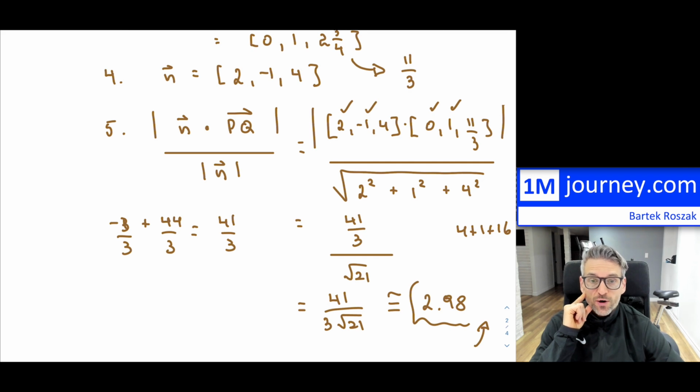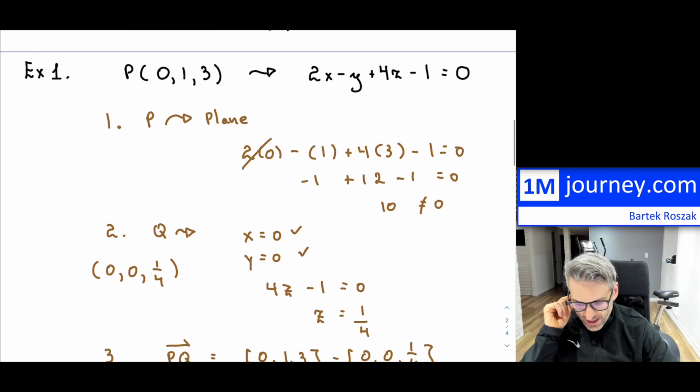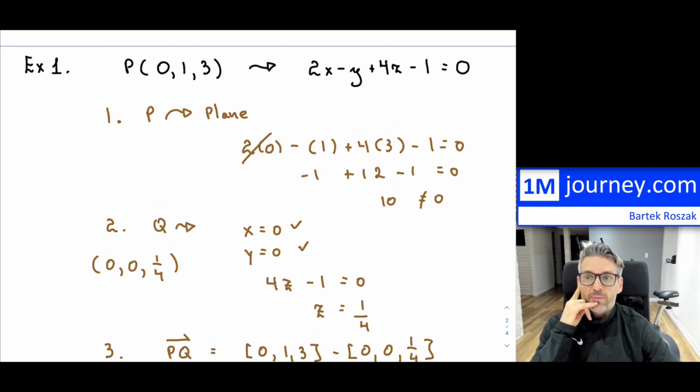It's a little bit of work, but it's very basic work because it's dot products and then finding the magnitude of a vector. And you have your result. So those are the steps that you can follow to find the distance from a point to a plane.